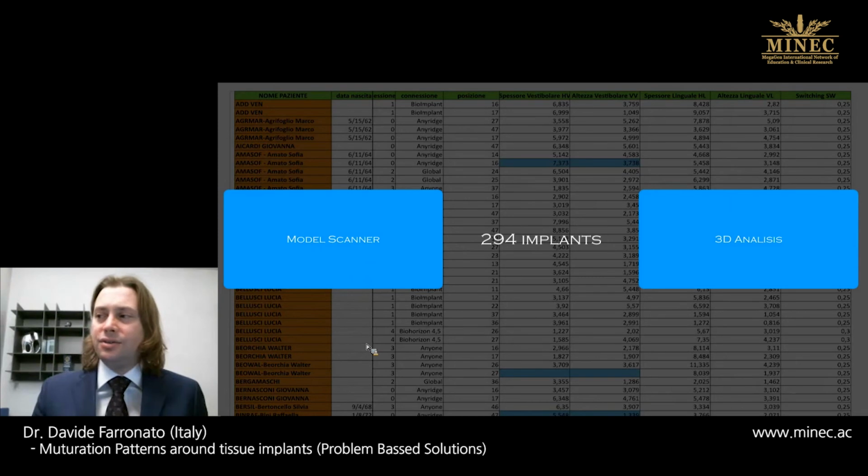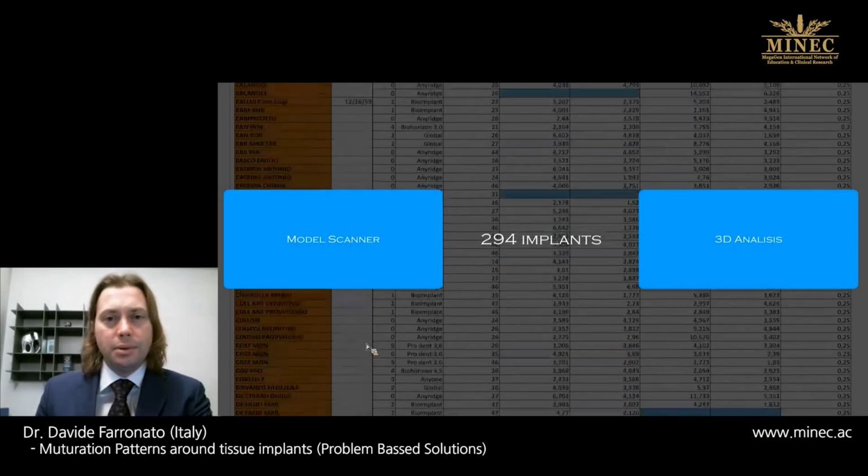This study took two of my best students a work of 1.5 years, measuring models, and they retrieved 294 implants scanned in the model, and there was a 3D analysis with clinical data. So 294 implants is a huge work to do in 3D, with all the rendering and the measurements. So I really need to thank them publicly.